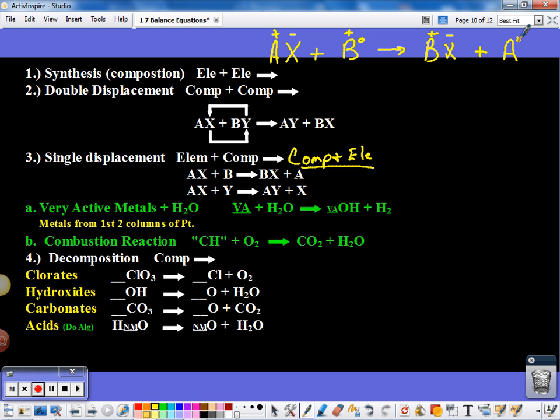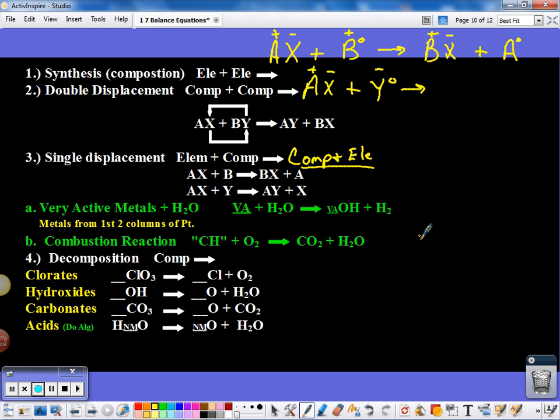All right? The other possibility is that I have something like AX plus Y. Remember, the first of the alphabet represents metals. They have a positive charge. The last part of the alphabet represents nonmetals. They have a negative charge. So if I look at this, I have a plus and a minus. This is a 0 right now, but if I look it up on my pink sheet, it has a negative charge.